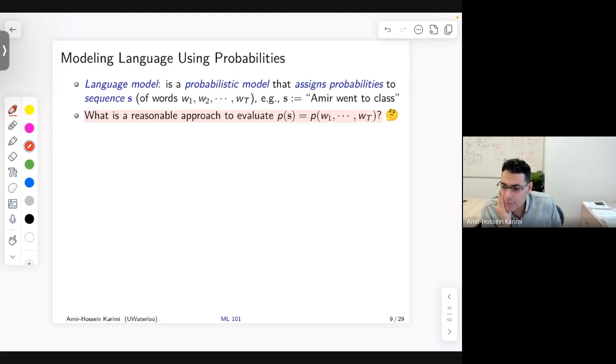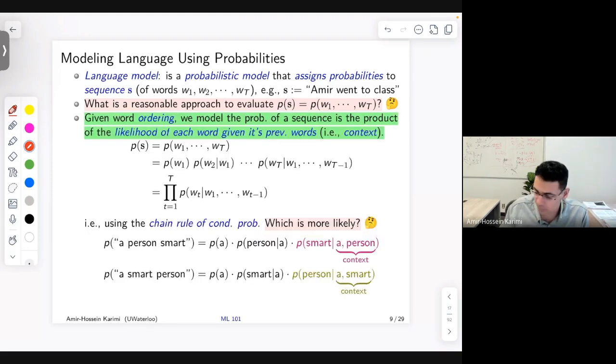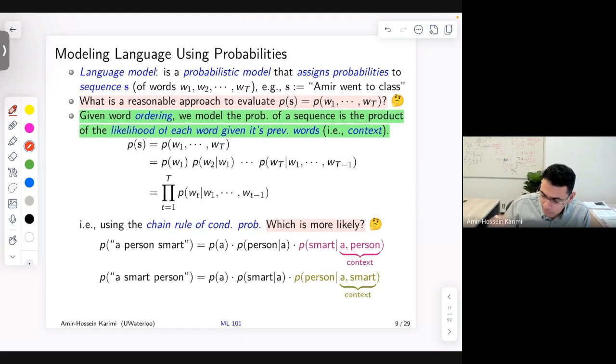Let's say I have a sequence or a sentence denoted by S as "Amir went to class". So what is a reasonable approach to evaluate the probability of this sentence? Because we have sequences of words and given the word ordering, we can model the probability of sequences as the product of the likelihood of every word occurring given its previous words.